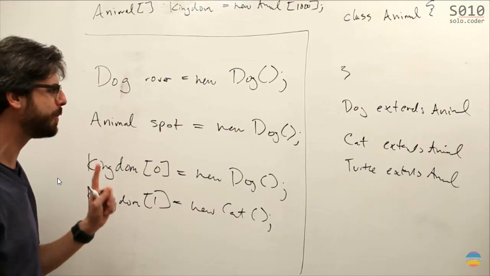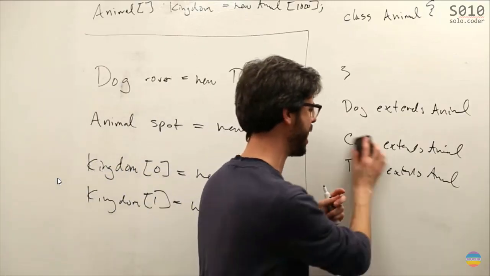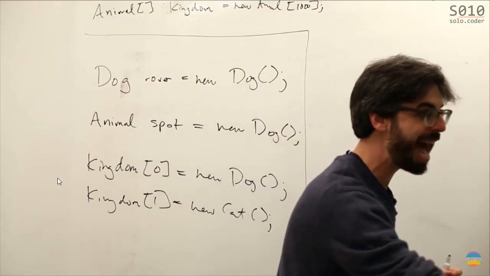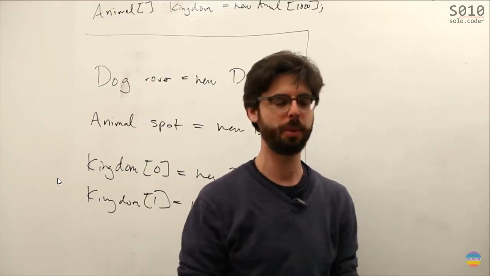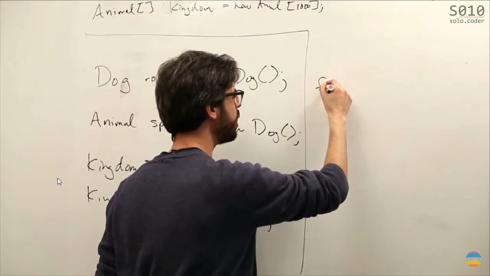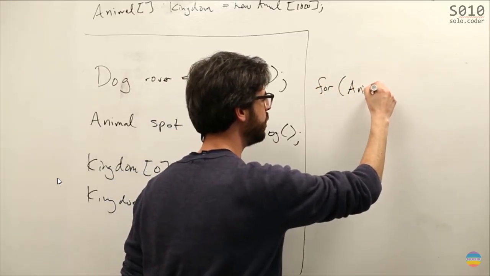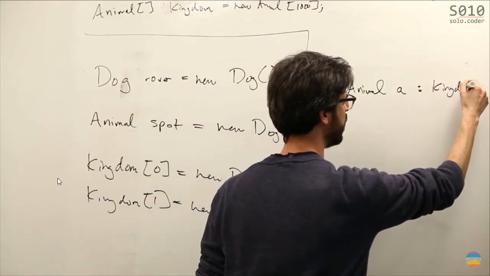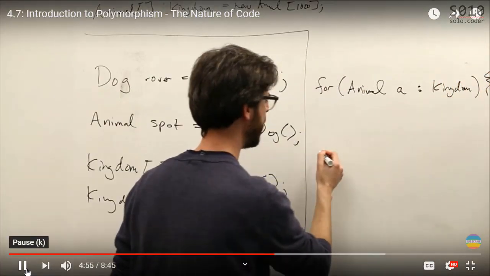Okay, so hopefully this makes sense to you, but there's one little piece of this that I think would be worth mapping out. What happens when we loop through that array? And we know now, by the way, that we have this new kind of loop that we can do. We can say for every animal a in the kingdom array. So he's using a more Java-oriented syntax, okay?